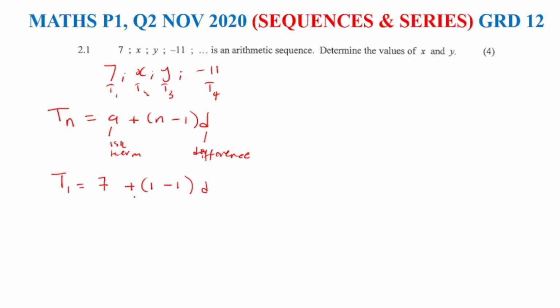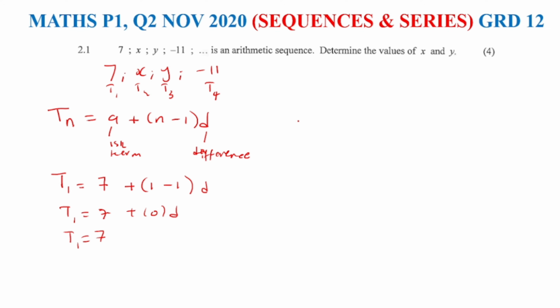We don't know what d is here, therefore t1 is going to give us 7 plus 0 times d. Therefore t1 is just equal to 7. Actually, this was not necessary to do, now that I look at it. All right, never mind.